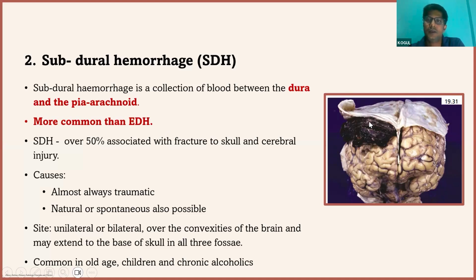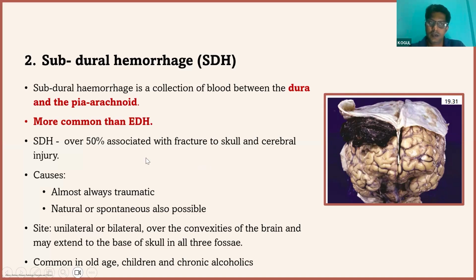This is more common, because EDH is very rare and only associated with fracture, but bridging vessels are the more causative factor for SDH. In EDH the dura is very firmly attached, so it appears in a localized area. But if you get a subdural hemorrhage, it can move this way, so you can get it all over the brain. It's not localized and it is more common than EDH.